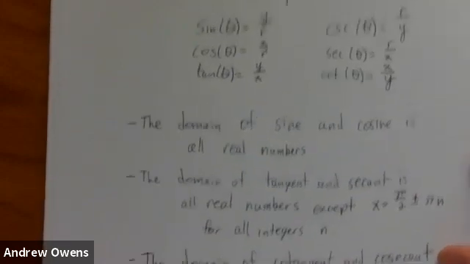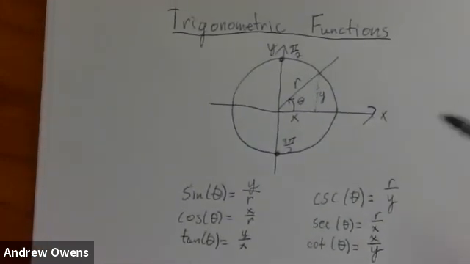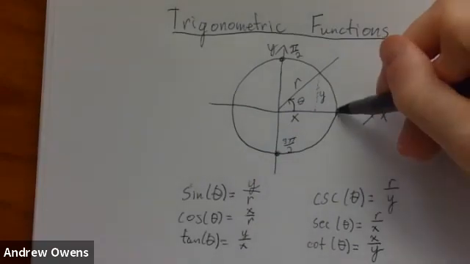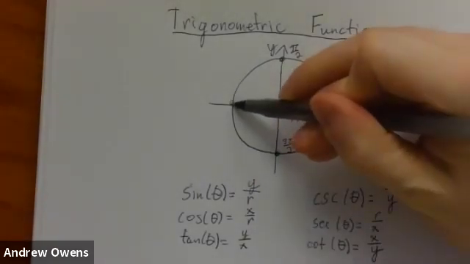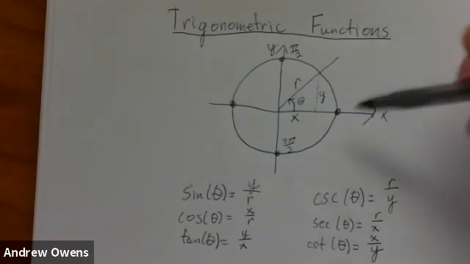And if we look back at this picture and the functions, cosecant and cotangent both have y being in the denominator, so that is this point here and this point here when y is 0, right? So we cannot have y being 0.